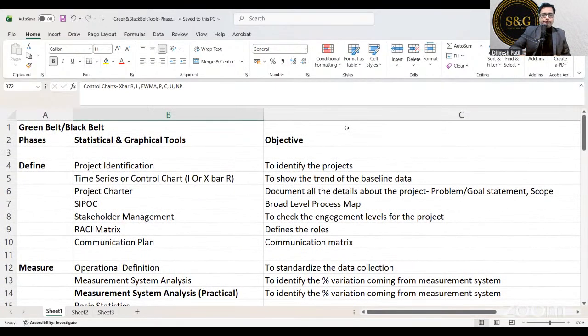Now see, for the new members, what is green belt, black belt? Just for our simple understanding, green belt is medium size, medium complex projects, where the problem is within one process only, or in one function only. Black belt projects are more complex projects.